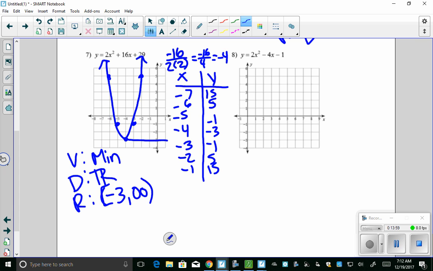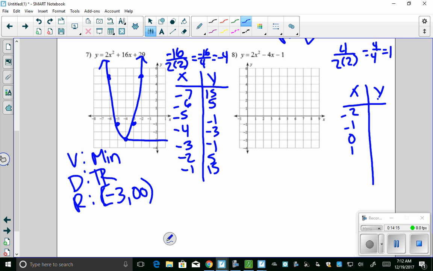Number 8. 4 divided by 2 times 2 gives me 4 over 4, which equals 1. I'm going to get negative 3 for my vertex.